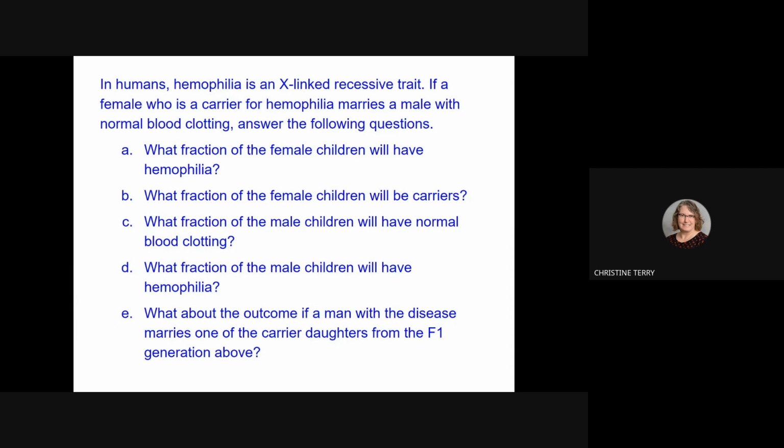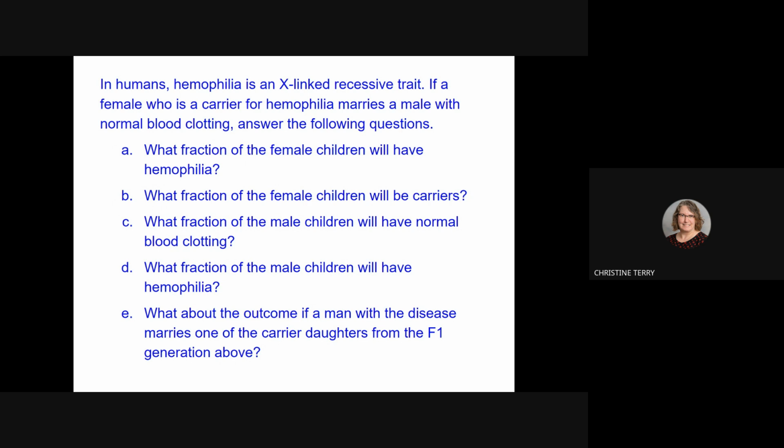And this is where I want to be careful, because the question says, what fraction of the female children will have hemophilia? So if I look at my female children, they're all normal, right? So 0 of the female children.